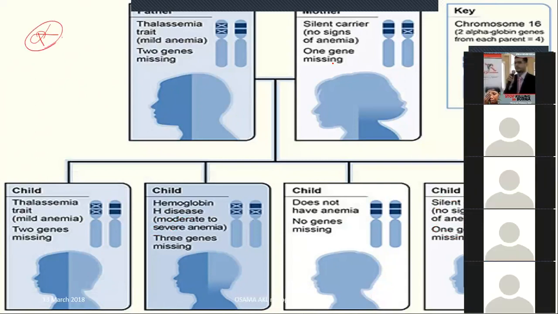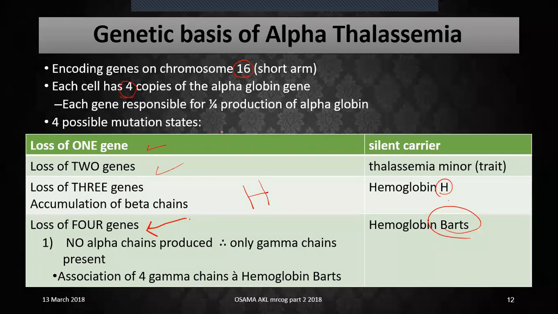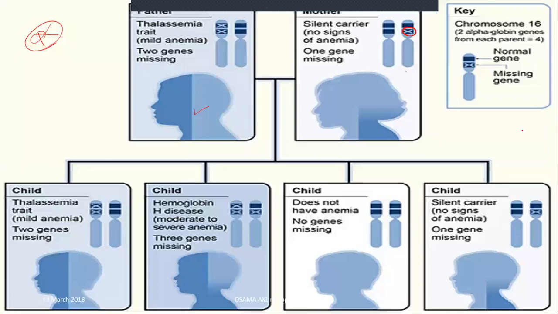We are now talking about the alpha subunit. As you see, we should have 4 healthy genes: 1, 2, 3, 4. This gene marked by X is lost, an absent gene. This male partner has 2 absent genes of the 4. And this woman has thalassemia; she is a silent carrier, the first situation, with 1 absent gene. Okay, what about the siblings?